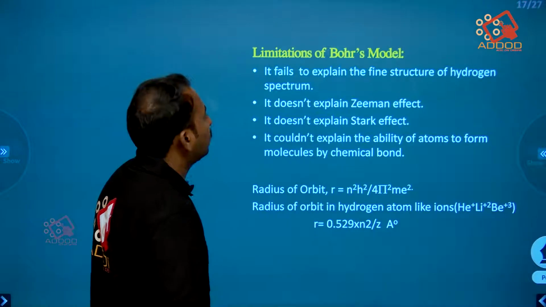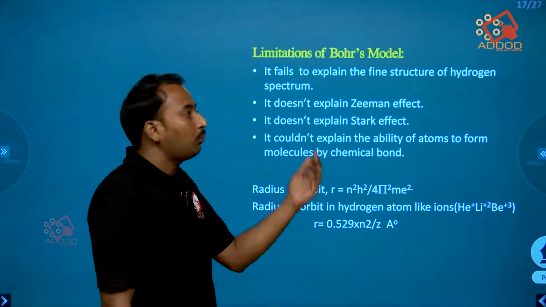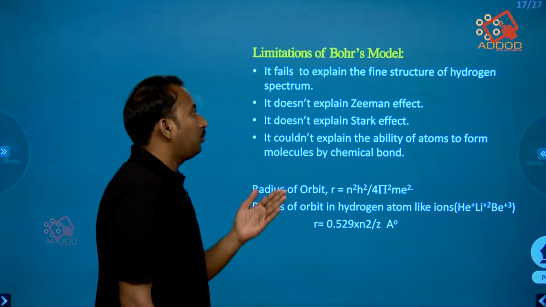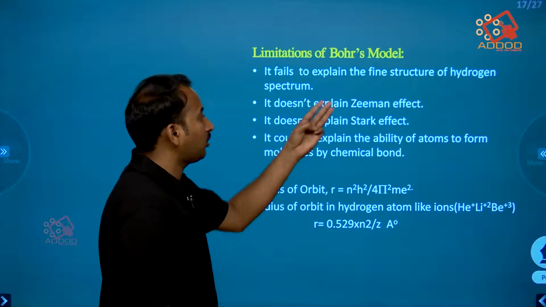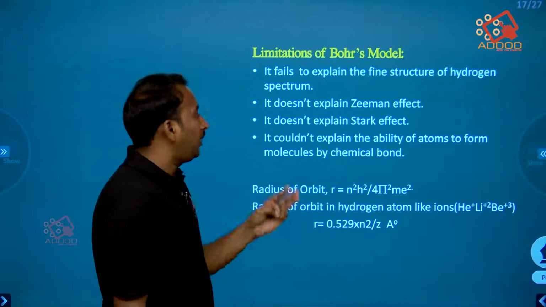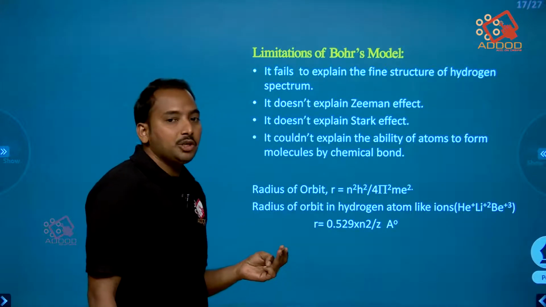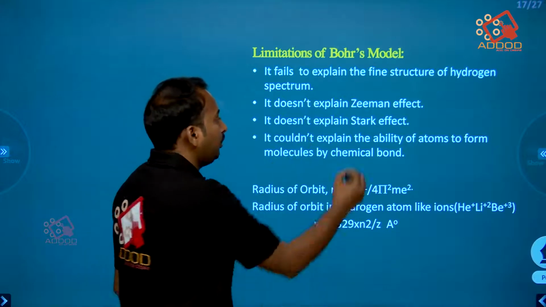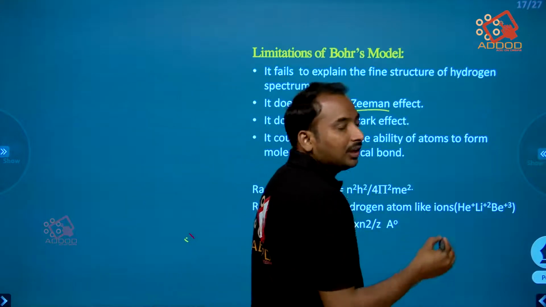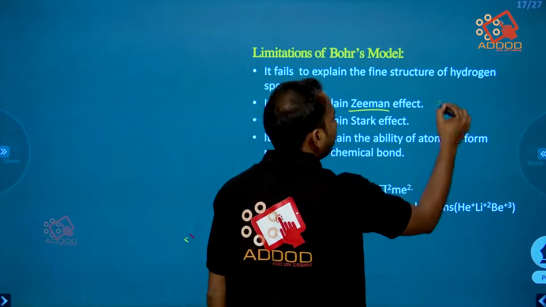Next, what are the limitations of the Bohr model? It fails to explain the fine structure of the hydrogen spectrum. And next, it does not explain the Zeeman effect and Stark effect. The Zeeman effect means the splitting of spectral lines in the presence of a magnetic field.